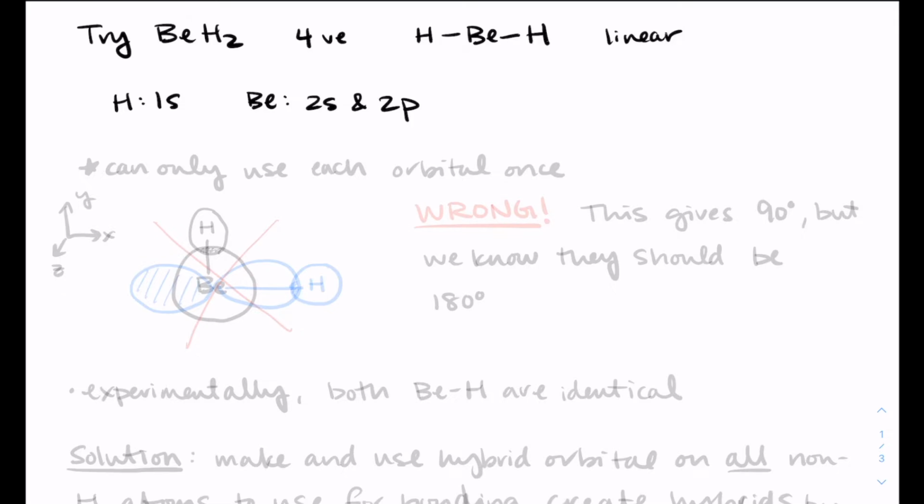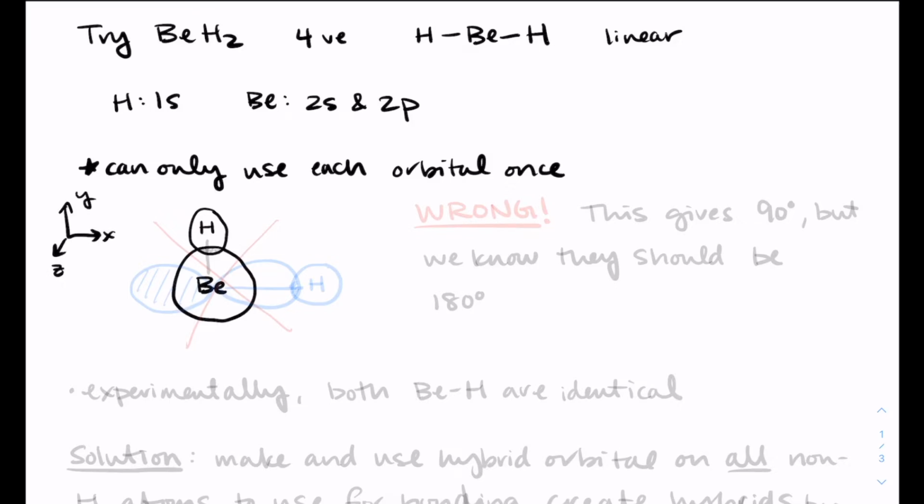Beryllium has the 2s and the 2p available. So here's beryllium. It has the 2s in my valence that I'm going to look at. If beryllium overlaps with the 2s with hydrogen's 1s to make my first bond between beryllium and hydrogen, it might look something like this.